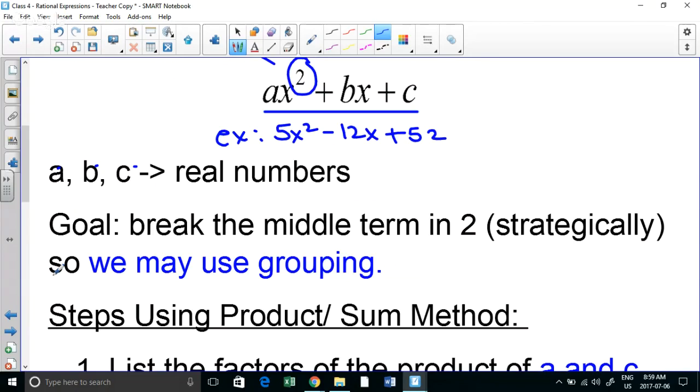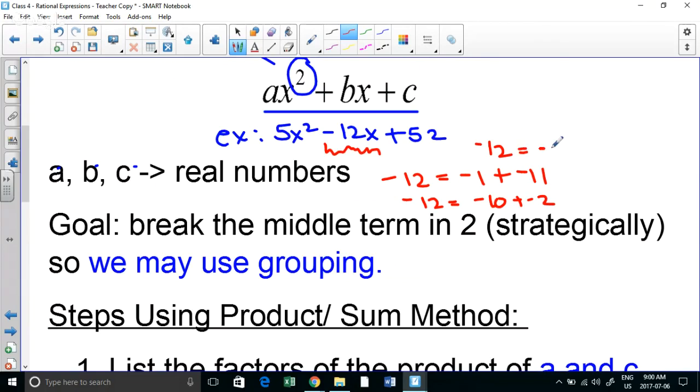What we are going to do is take this middle term, the b term, and separate it strategically. That way we can use grouping, because negative 12 can be broken into whatever we want. It could be negative 1 plus negative 11. It could be negative 10 plus negative 2.